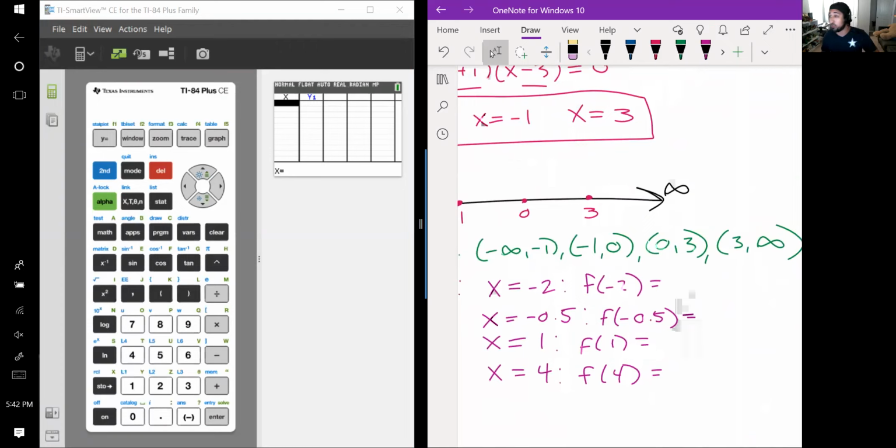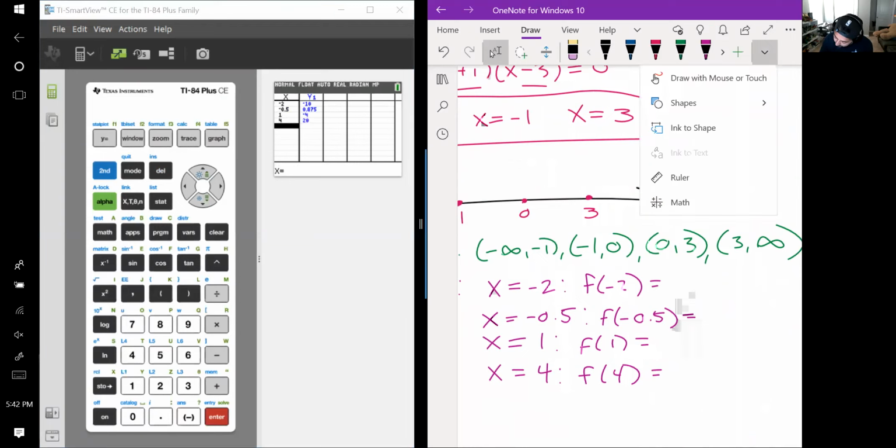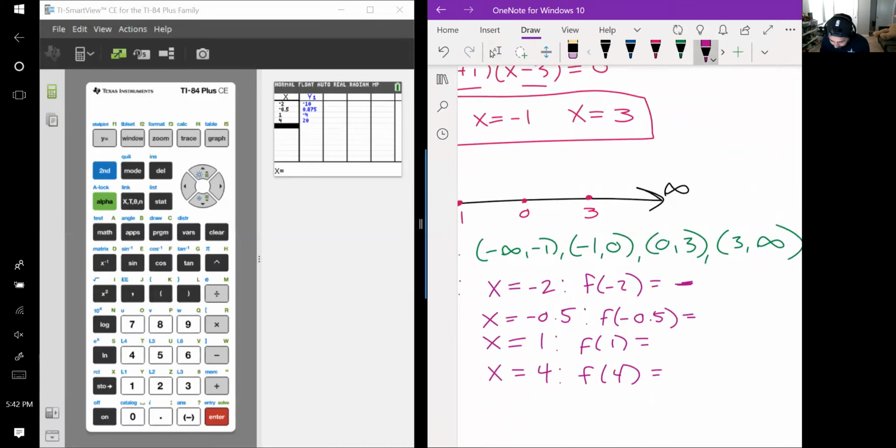Honestly, since we're not graphing anything, we don't care about the number. We only have to care about the sign of the output. So for -2, -0.5, 1, and 4, I get: at -2, a negative output; at -0.5, a positive output; at 1, a negative output; and at 4, a positive output.